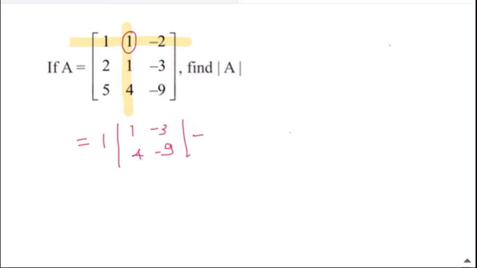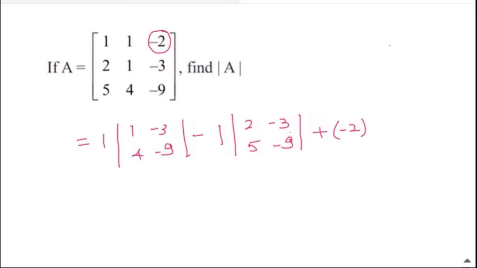So we get 1 multiplied by determinant 2 minus 3, 5 minus 9, and then take minus 2 and multiply by the determinant obtained by eliminating the first row and the third column. We get determinant 2 1, 5 4.